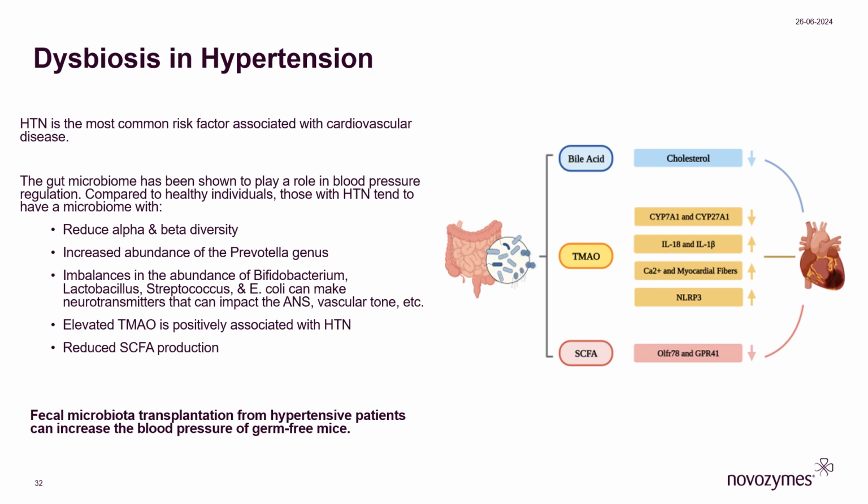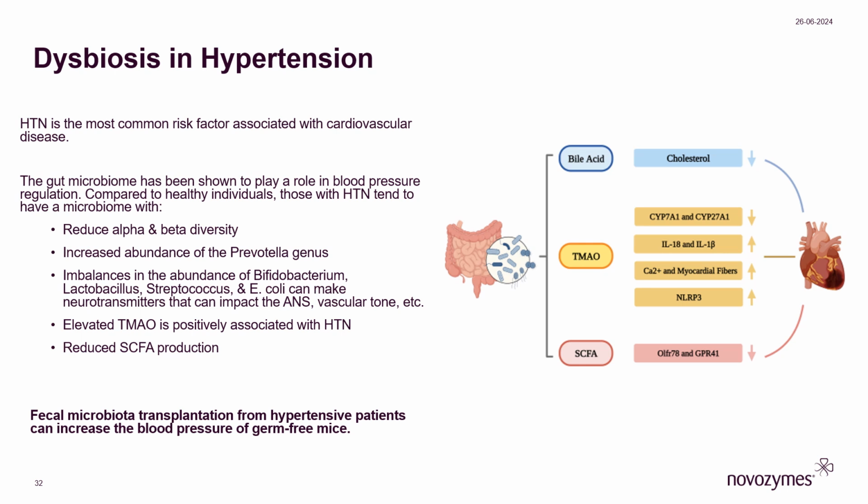They tended to have an increased abundance in the Prevotella genus, as well as imbalances in protective bacteria like Bifidobacterium and Lactobacillus, as well as usually an increase in inflammatory bacteria like Streptococcus and E. coli. Now, these groups of bacteria are quite important because they can make neurotransmitters that can impact the autonomic nervous system, vascular tone, and ultimately blood pressure.